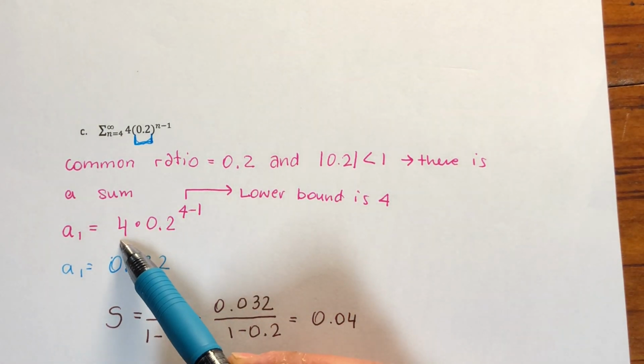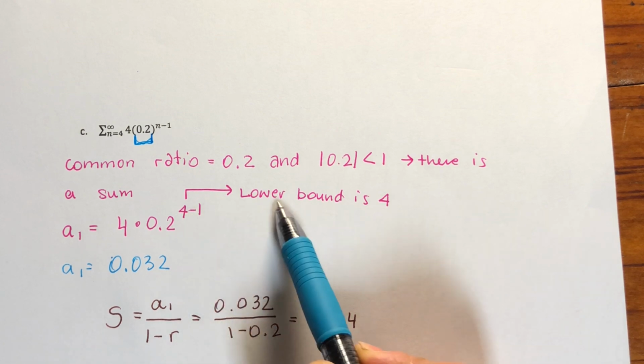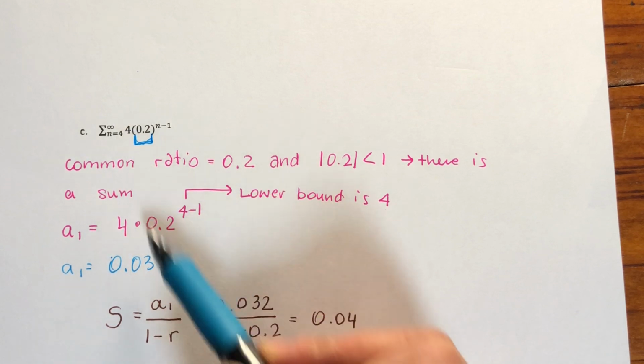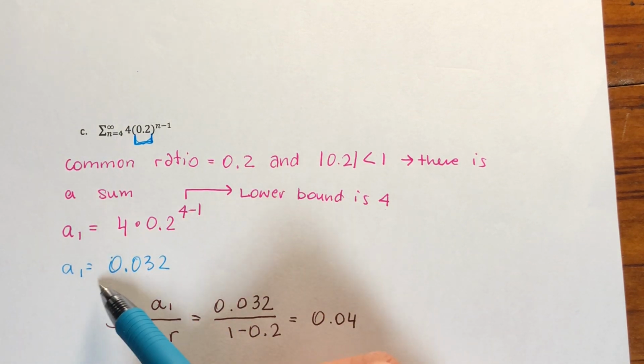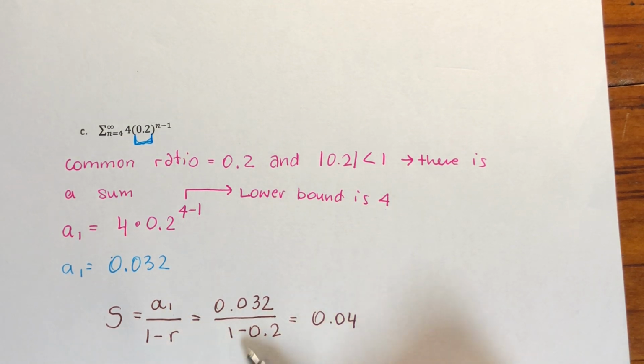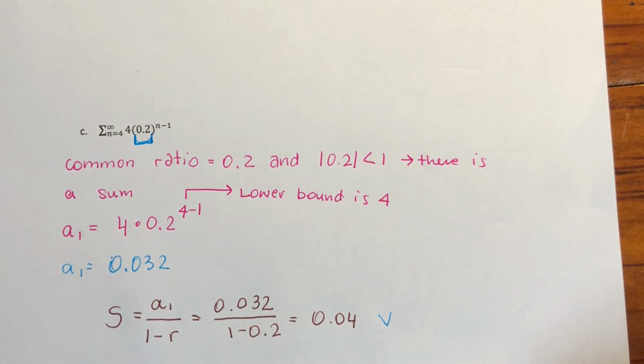So 4 times 0.2 to the 4 minus 1, and again 4, because this is the lower bound. So I found that the first term is 0.032. I do need the first term in order to find the sum. I plug in the first term, I plug in the r. Here is what all my terms will add up to.